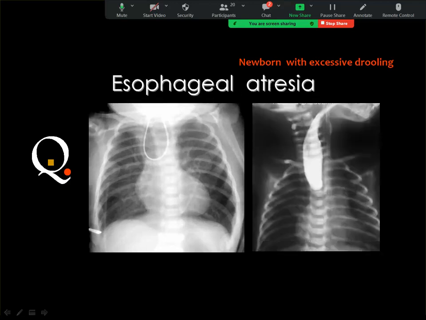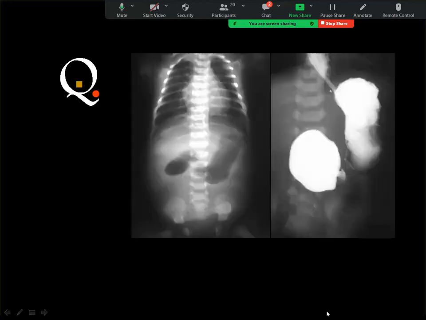This is esophageal atresia without tracheoesophageal fistula. It is easily diagnosed just by introducing the nasogastric tube or the Ryle tube, and sometimes they inject barium or Gastrografin to look for the site of occlusion.